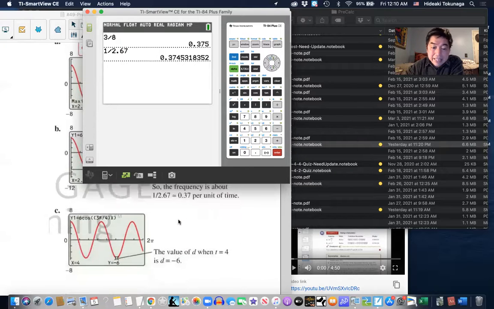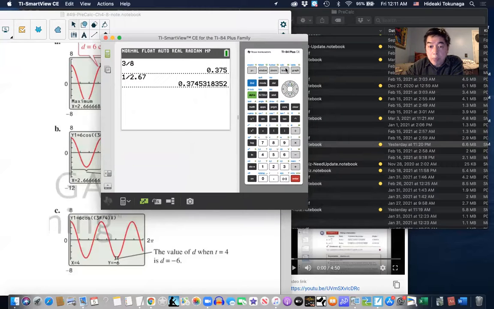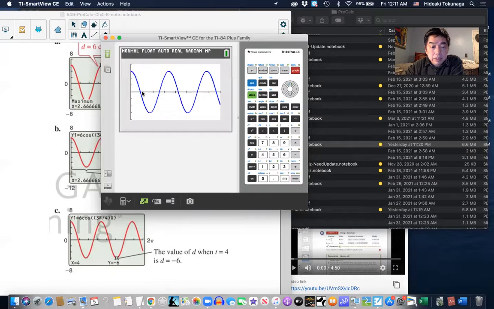Now letter C. What was letter C? The value of d when t equals 4. So let's look at t equals 4 on the graph. So x equals 4, right? So let's go here. Now I'm hitting x equals 4 here. Oh, so right here, right? And go down here.